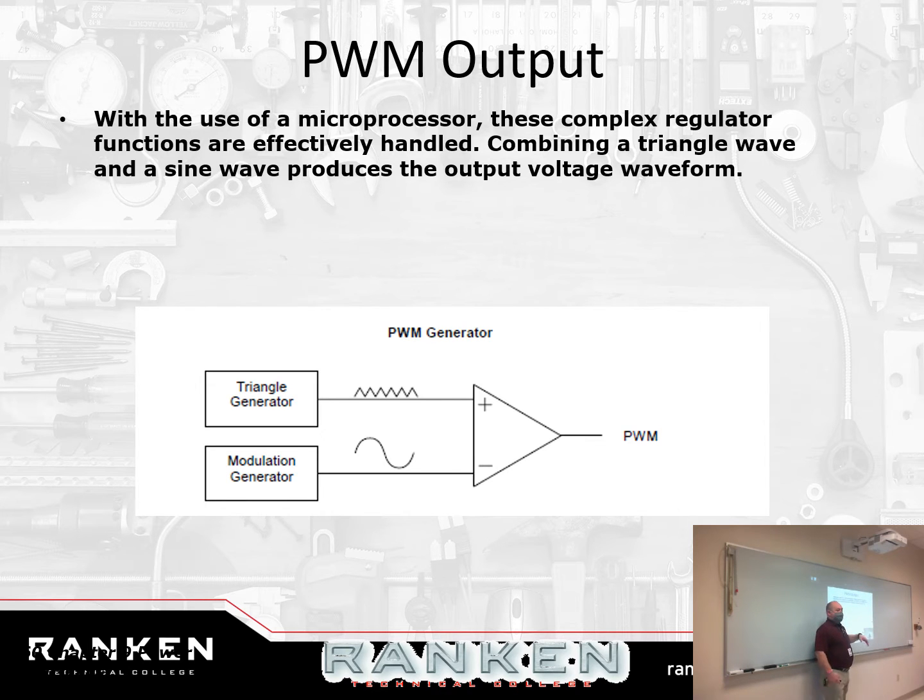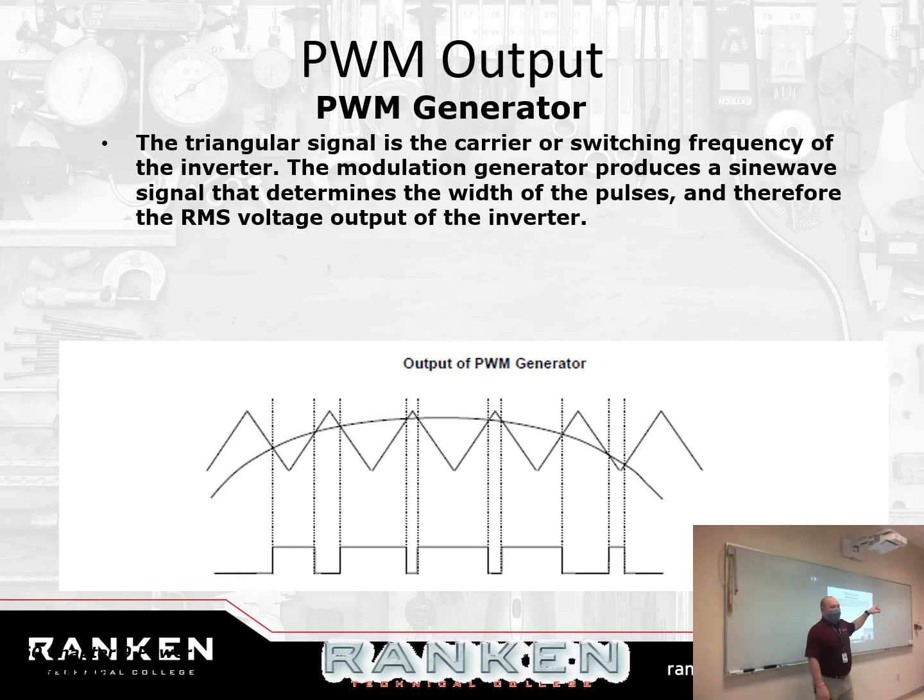Blip, blip. Okay? So, it kind of looks like this. You have your AC sine wave over here just kind of doing its thing. And then you have this sawtooth that's being generated by the processor. And every place that they touch, you get an on and off signal.